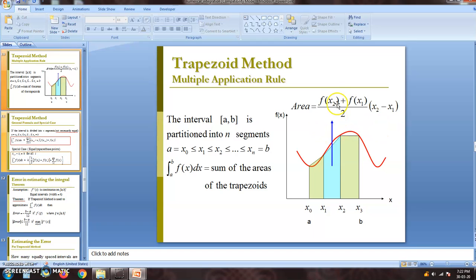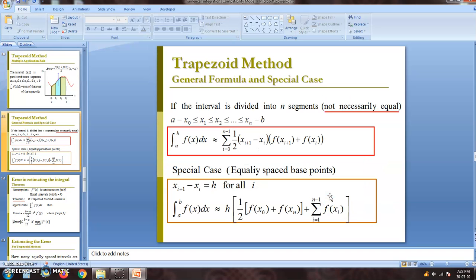Now this area is calculated for each trapezoid by using the trapezoidal rule. But when we take the sum of all these areas together, we can see that the error which is seen in the case of the trapezoidal rule can be reduced.